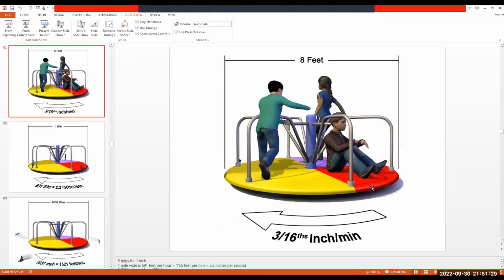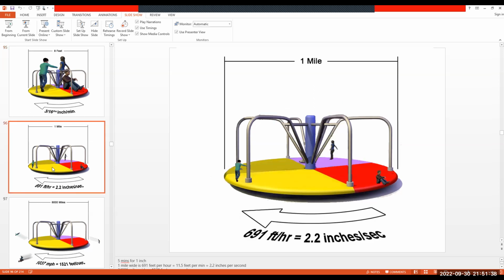At that size, you wouldn't feel it. In this image, it's a mile across, it's still taking 24 hours to go all the way around. But now at 2.2 inches a second, you'll start to feel it.